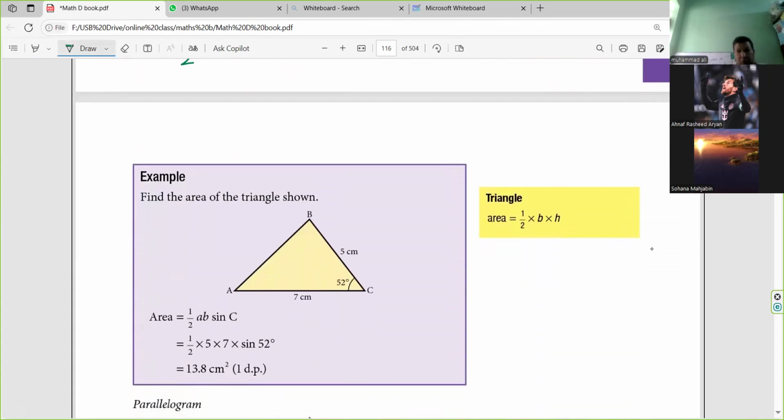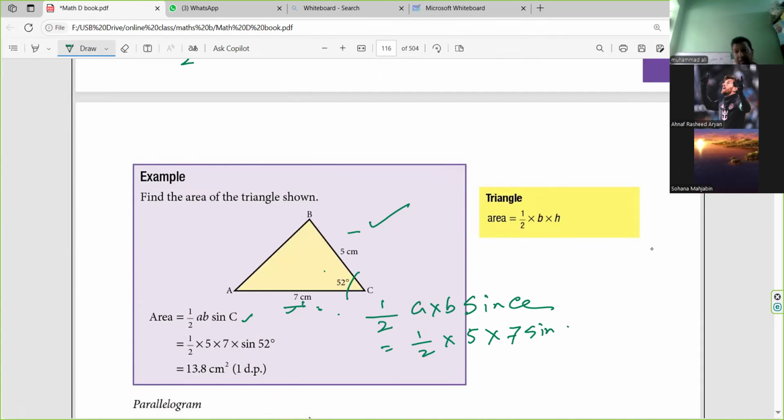Okay, now this one. Here you have two sides, and between these two sides you have this angle. So you have to use this formula, half into A into B into sine C. So half, A is 5, B is 7, the angle opposite is the B side.